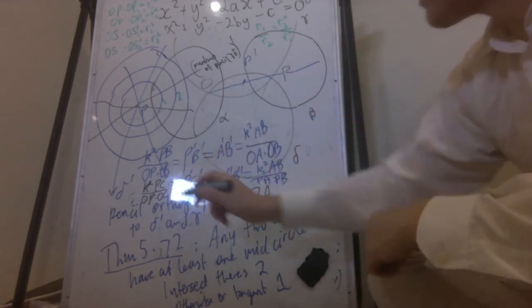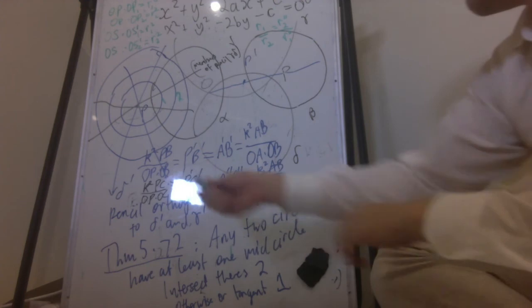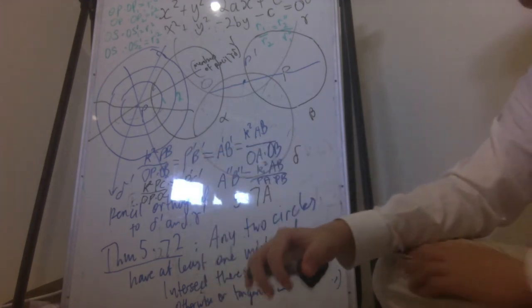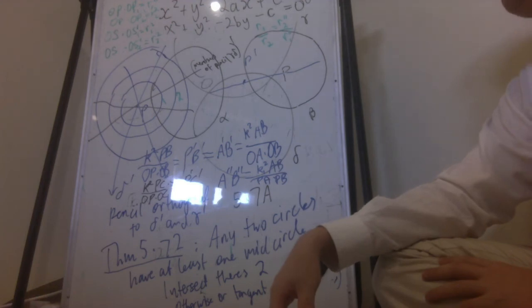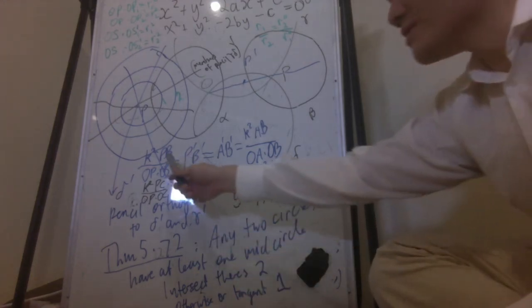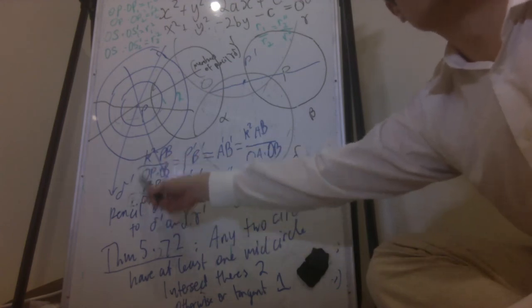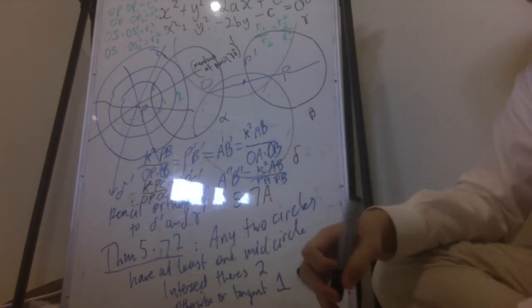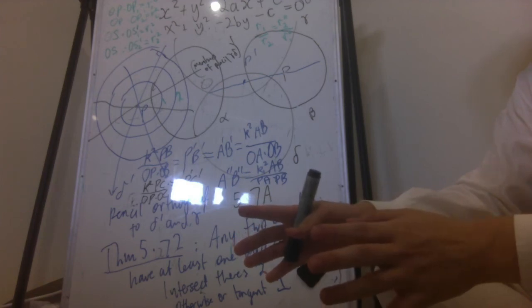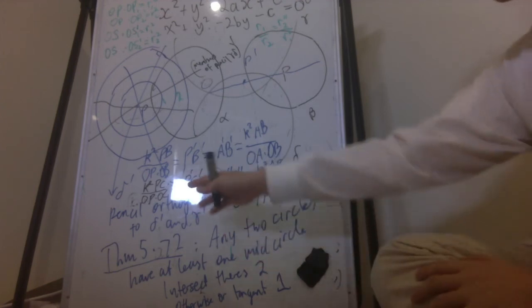Dividing these two will give you the ratio of the two radii. So K squared cancels, so it doesn't depend on the radius inversion. So this is promising to prove the first claim.